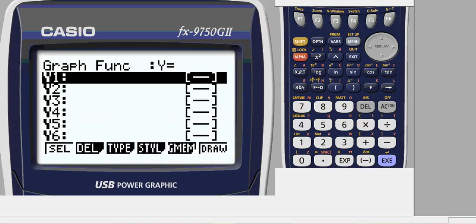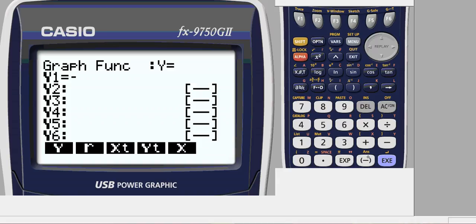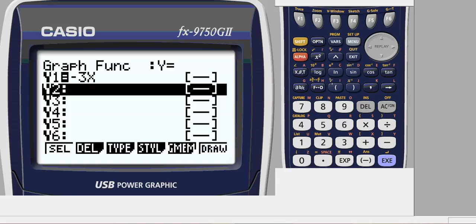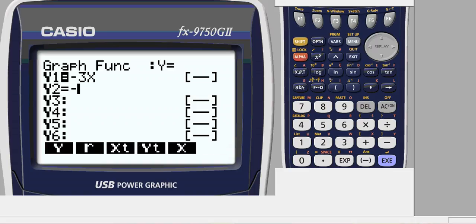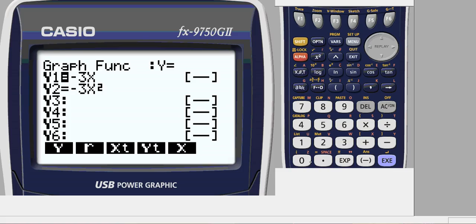So our first one was y equals negative 3x. The second one is y equals negative 3x squared plus 6.